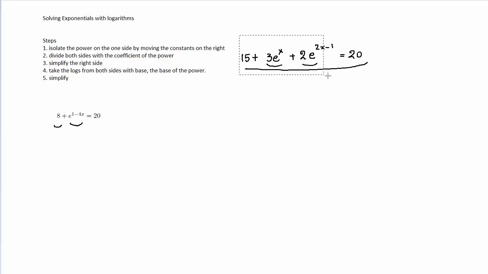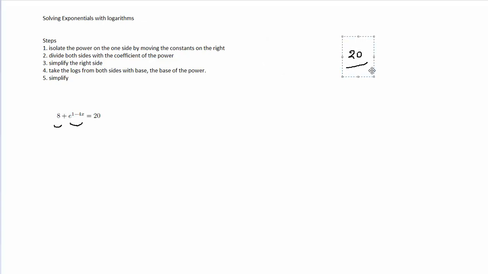So I'm going to erase this confusing equation for the moment, so we can focus on something simpler. But the steps that you follow are going to be the same. The first thing that you need to do is isolate the power. That's your goal. So what is the power right here? The power that you have is e to the 1 minus 4x.